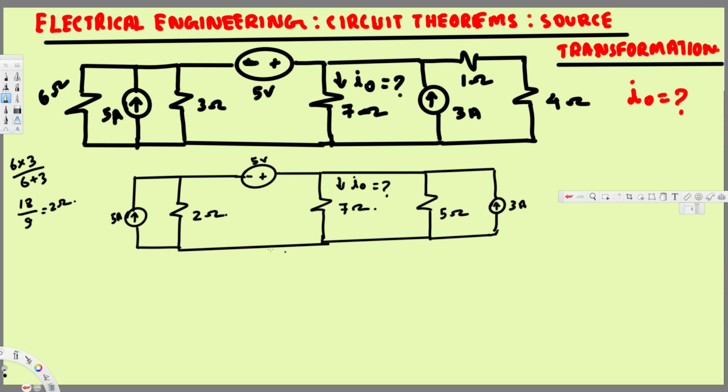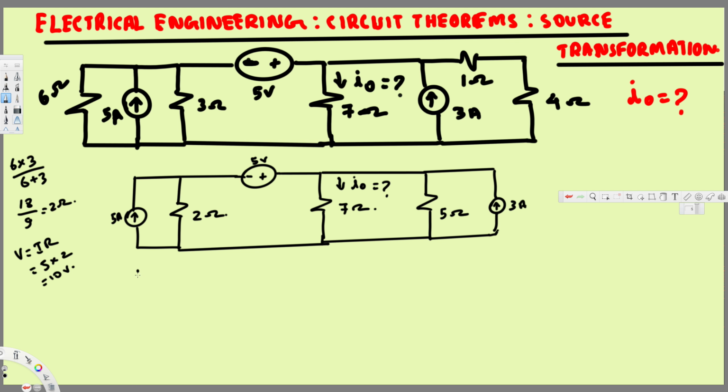Here you can notice that we have current and resistance in parallel, so you can change this one into voltage and resistance in series. In order to do that, we have to find the voltage source. That's going to be V is equal to IR, and I is 5 times R is 2, that's going to be 10 voltage.